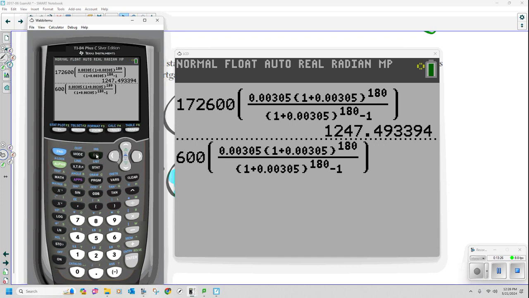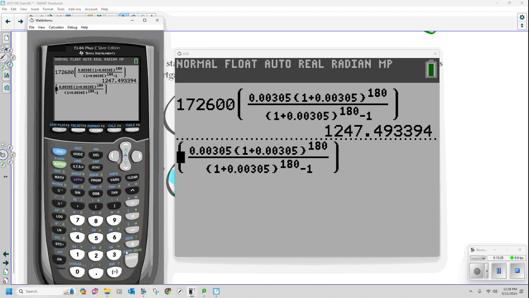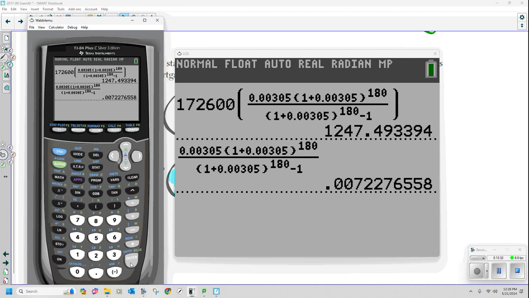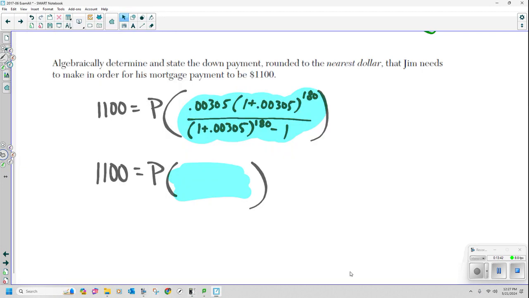Delete. There we go. That's what's in my fraction. That is 0.00723. We'll just call it 0.0072 for right now. Now, in order to find P, all I got to do is divide both sides by that.